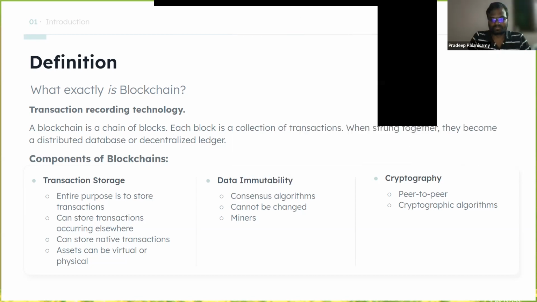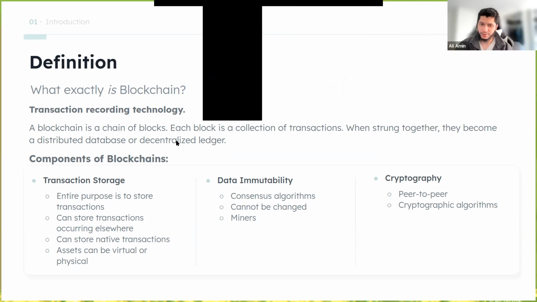Okay. And so it's a ledger which is decentralized essentially. It does transaction storage, data immutability, and cryptography. The whole purpose of any blockchain is to store transactions. It's just a database or a ledger which is keeping track of people sending stuff to other people.